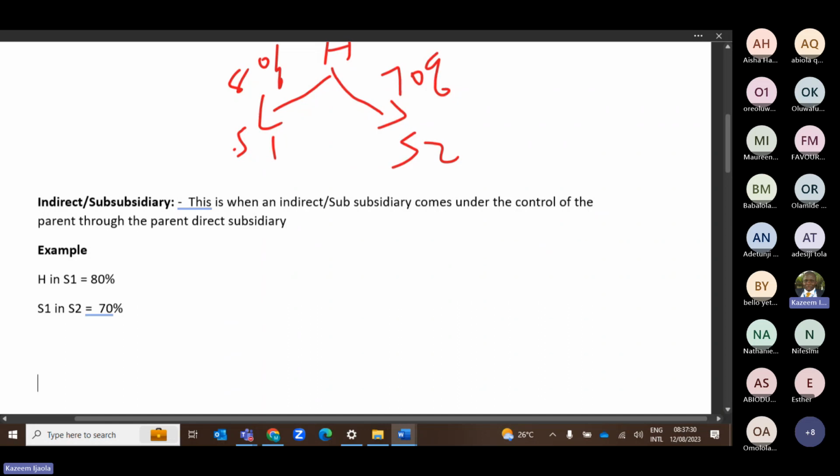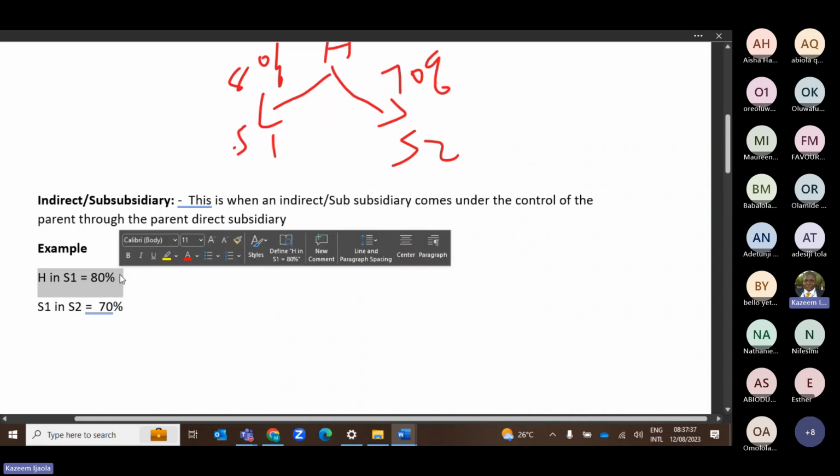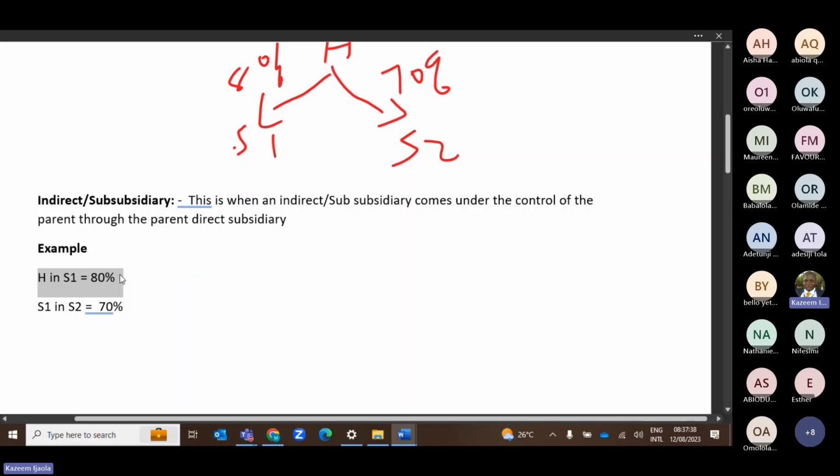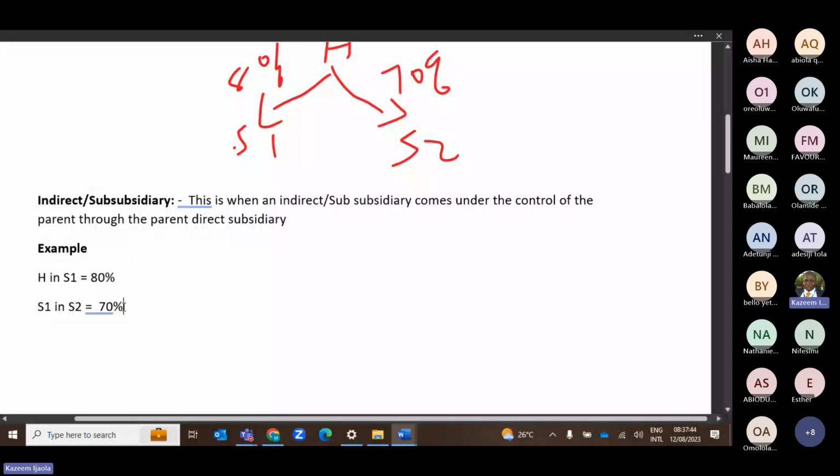I said that we have H in X1. Remember that the parent is H. It owns 80% in X1. Then X1 owns 70% in S2. If we want to analyze this, please listen carefully.